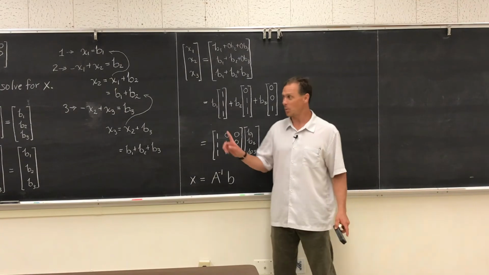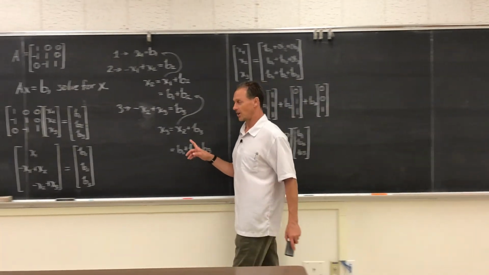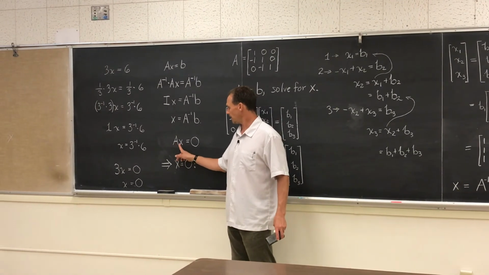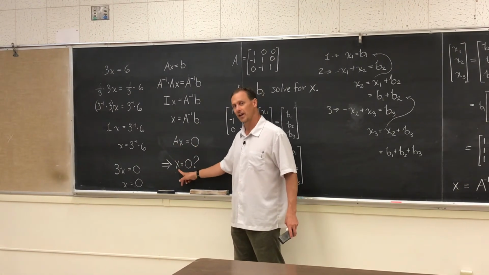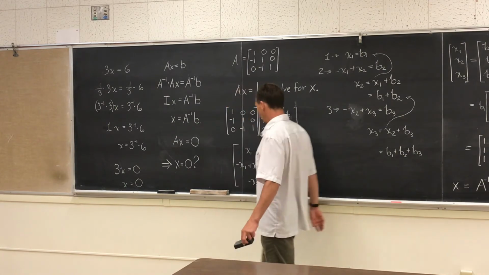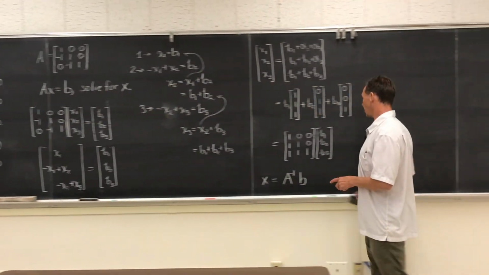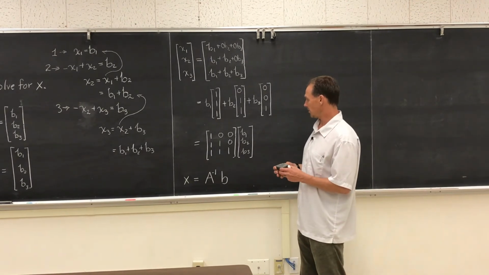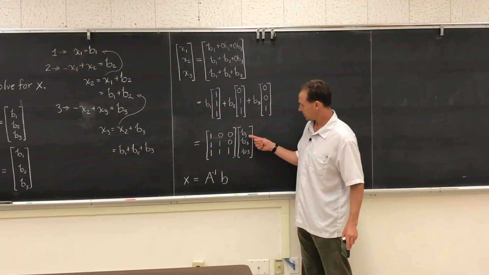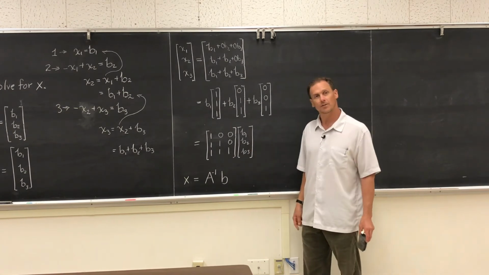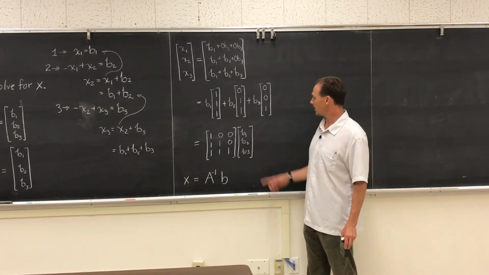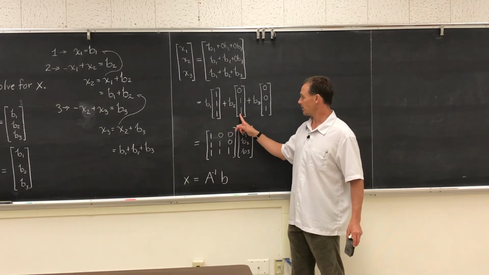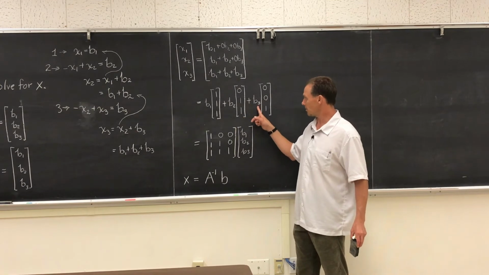Okay, now there's one more thing that I said over here. There's this odd question. It says that if A times X equals 0, does that imply that X equals 0? So in this problem here, if I was to put zeros right there, well, then this would be 0 of this first vector plus 0 of the second vector plus 0 of the third vector.